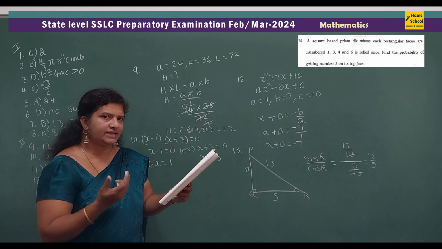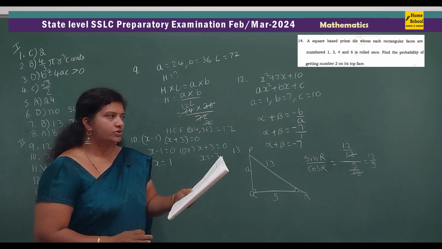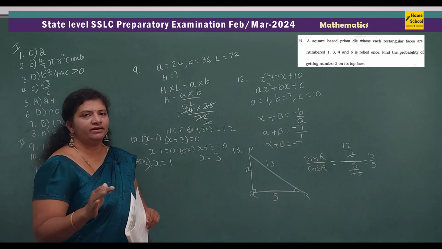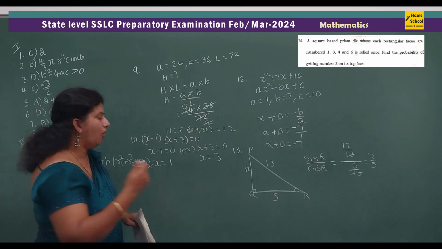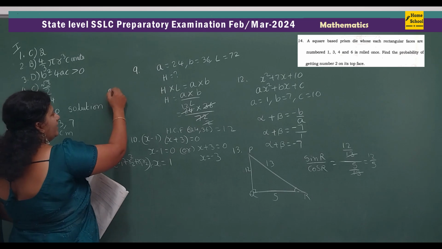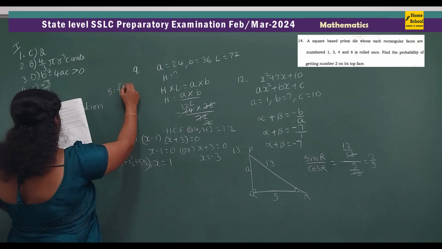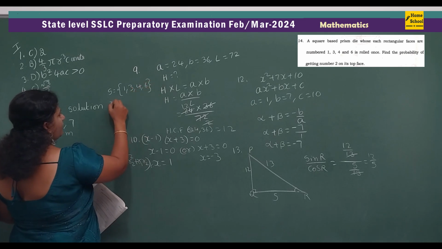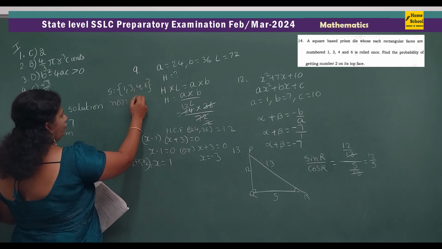See here, I cannot say any 2 here. So what you are going to do? You can just write impossible event and it is 0, or you can go with the number of sample spaces. What is given here? 1, 3, 4 and 6. n of S is equal to 4.